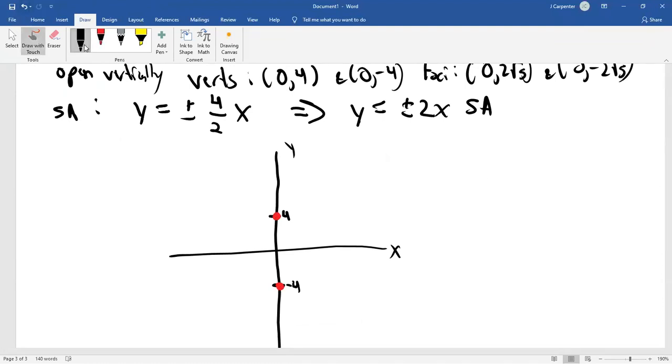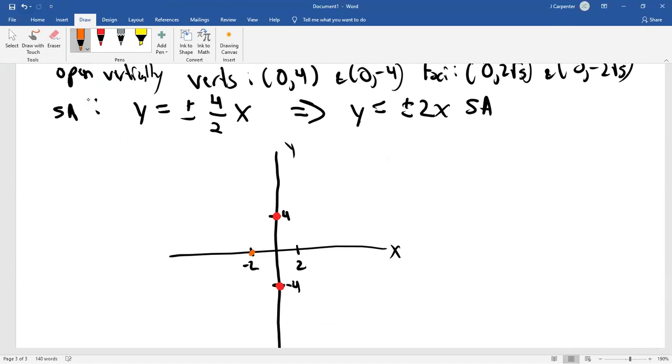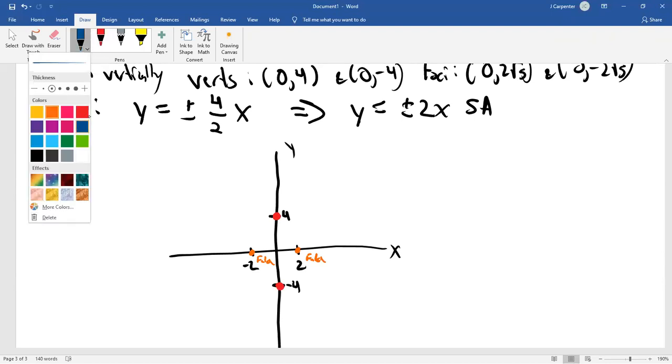The fake vertices along the conjugate axis, those were the 2s, so we'll go right 2 and left 2. Those are fake points, so write fake somewhere, use a color, whatever you have to do. So those are fake, and fake. And then we draw our little dotted box around this. I'll do that in blue.